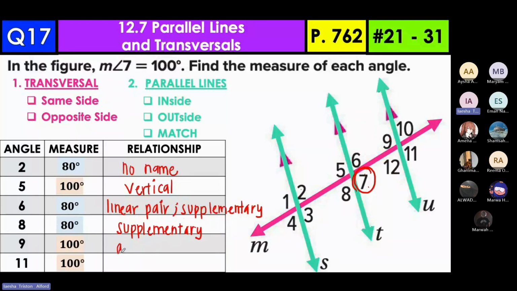So the name is alternate interior. What about 7 and 11? Corresponding. 7 and 11 are corresponding. They're on the same side and match. One inside, one outside. So corresponding.